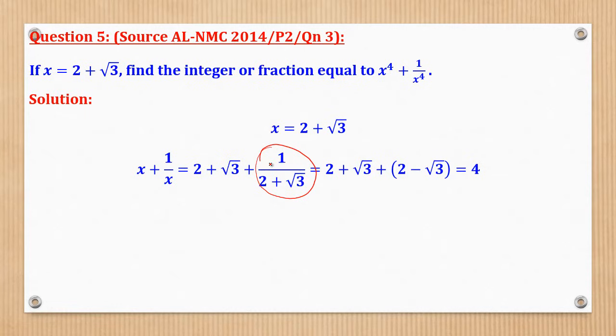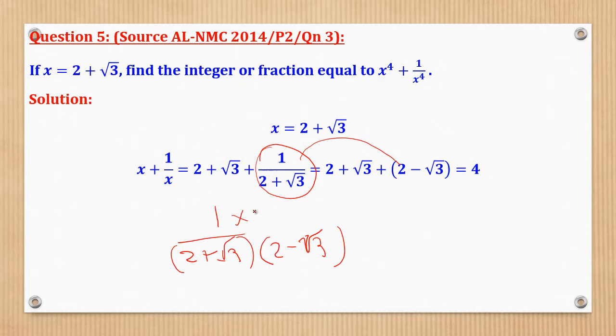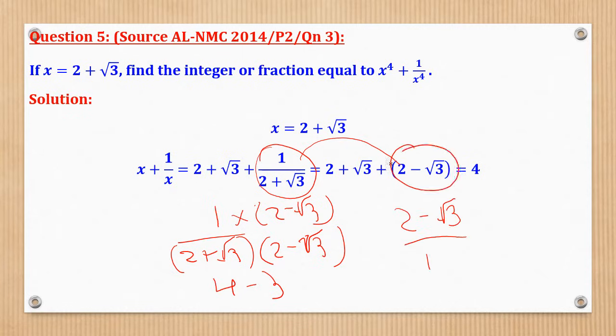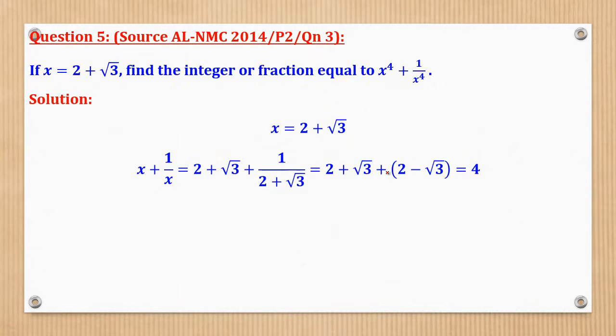When I rationalize that, I'll come up with this, because rationalizing means 1 over 2 plus root 3 multiplied by 2 minus root 3, even here, 2 minus root 3. Here, denominator, you realize that this becomes difference of 2 squares, which is 4 minus 3 to give you 1. So in the end, we'll come up with 2 minus root 3 over 1. That's why you're seeing 2 minus root 3 there. After that, you realize that this and this can cancel to come up with 2 plus 2, which is equal to 4. So basically, x plus 1 over x is equal to 4.